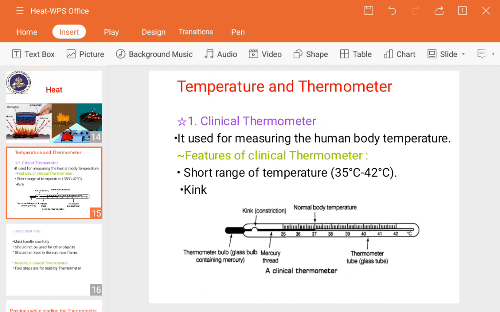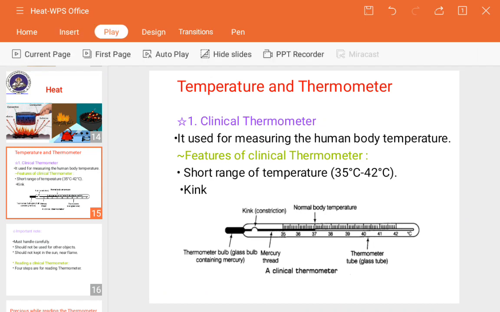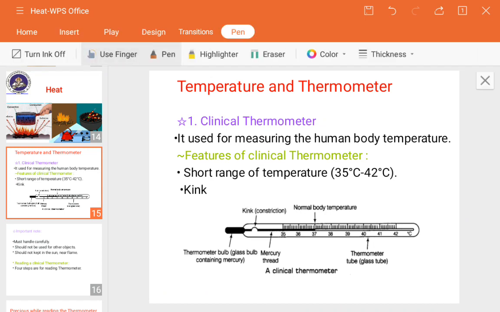You can see the mercury, the darkest portion. This is the bulb which contains mercury inside it, the blackish portion. Whenever the temperature increases or lowers, the mercury indicates that the temperature is this much or that much. Okay, that we will see next.